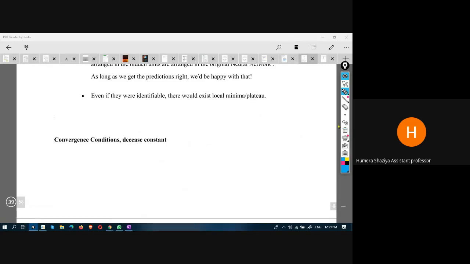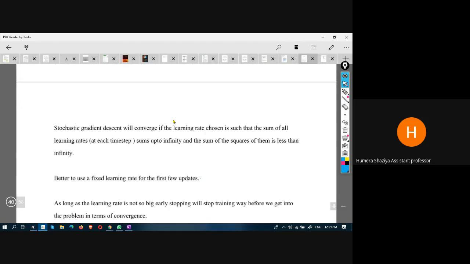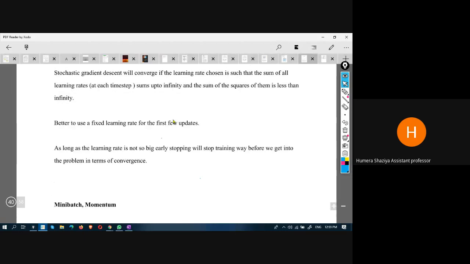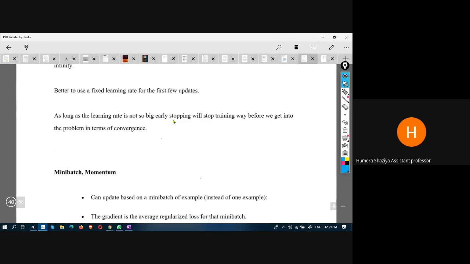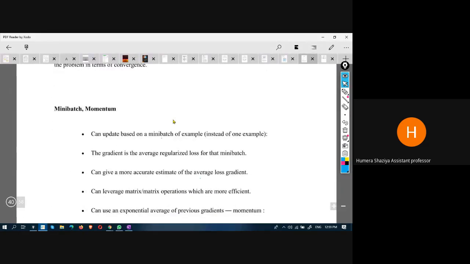This is optimization. You can perform it using gradient descent. And convergence condition. Convergence means you have reached a value where you cannot improve further, that you got a stable value. That is convergence. So if you get 99% for the next three epochs, it means the model has converged.